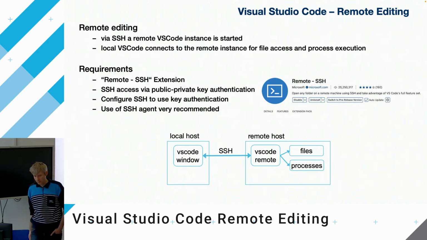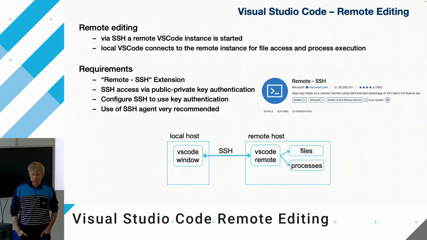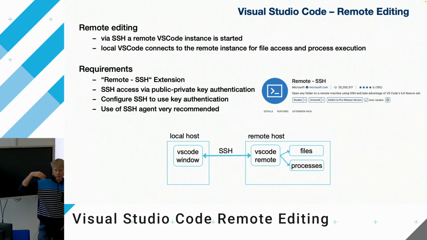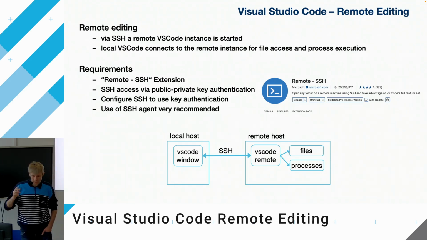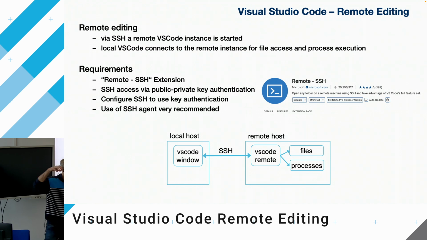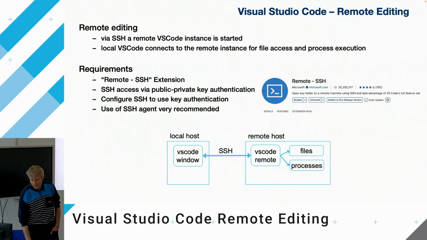What you can do is use the remote editing feature. This is supported in the original Visual Studio Code version from Microsoft, so the official one. And it basically allows you to start a second instance of VS Code that runs on the remote side.